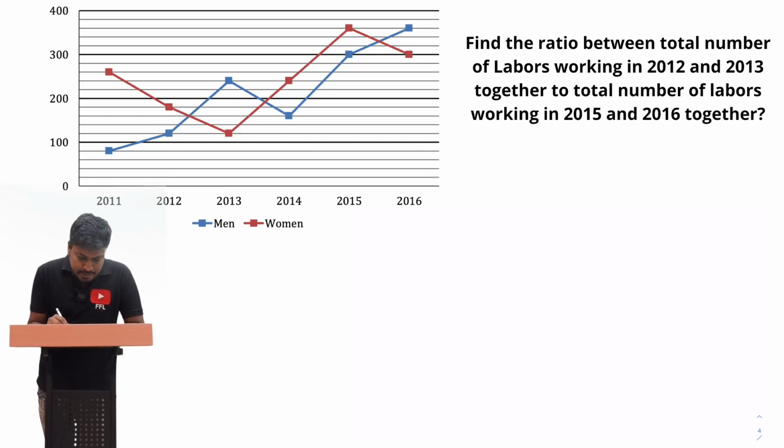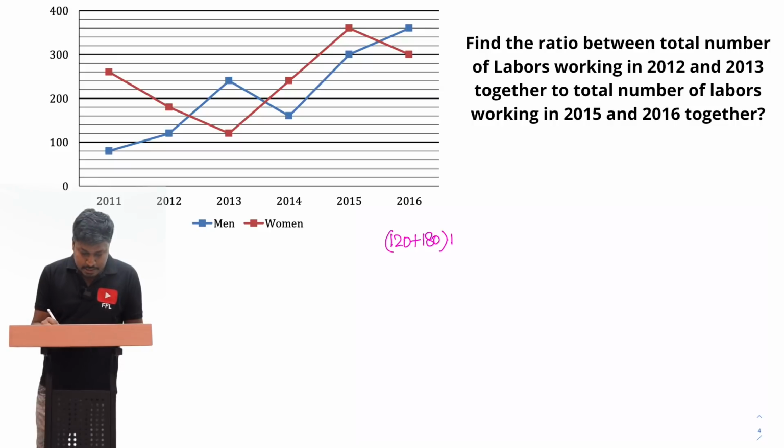So what we can do here is 2012. Look at the chart: men and women will be 120 plus 180. Got it? Plus 2013, so 120 and 240. So the ratio to the total laborers working in 2015, which is 300 plus 360. And again in 2016, again 300 plus 360.